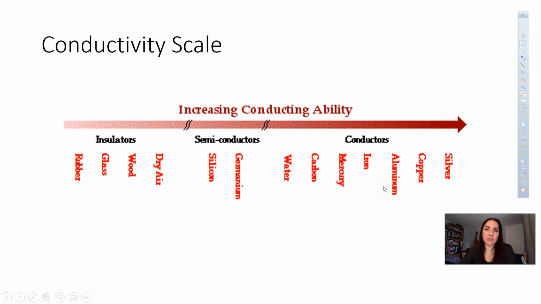Conductivity scales are not something I'm testing you on, but it just gives you an idea of the ability to conduct. So the best thing is silver. When I used to work at UConn, we used to do labs, and I would have to make connections, and we had silver nail polish. It looked like nail polish, but it was the best conductive material when we were doing electrophoresis, I think.